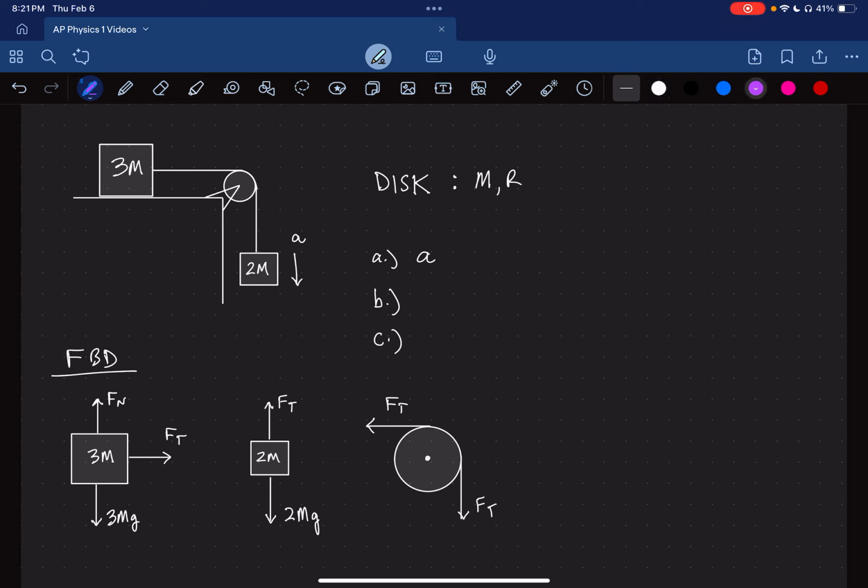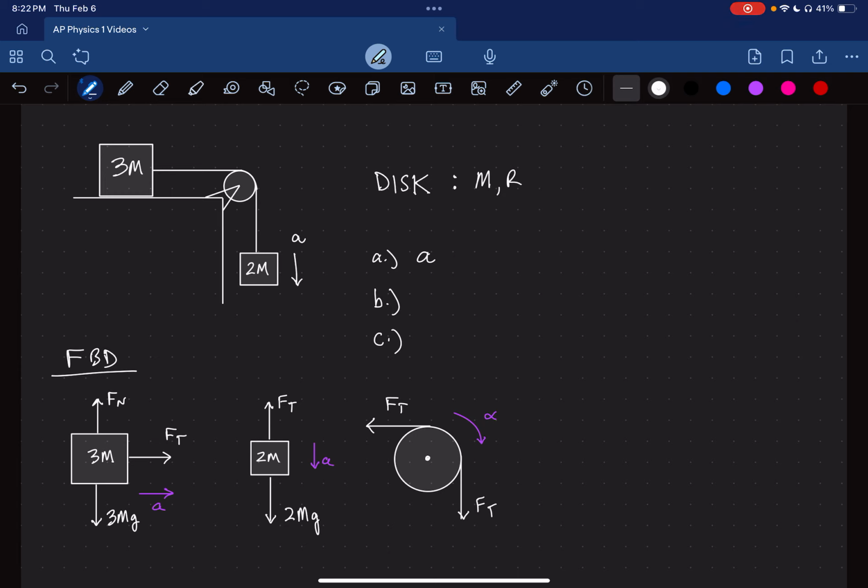Now, let's talk about acceleration. We're not done with these yet. This thing is accelerating in this direction. This thing is accelerating down. And so which way is the angular acceleration of this pulley? Well, it must be in this direction. Always do, the fish is always looking down. Just do it like that. And so if there is an angular acceleration in the clockwise direction, can these two tension forces be equal?